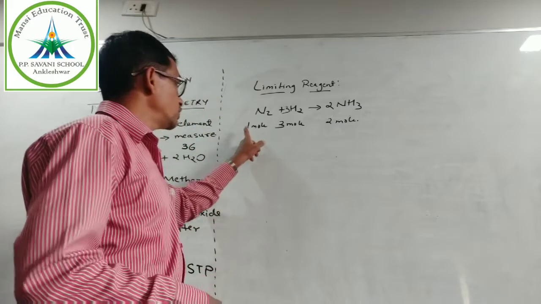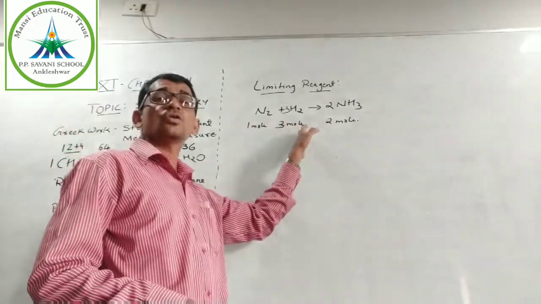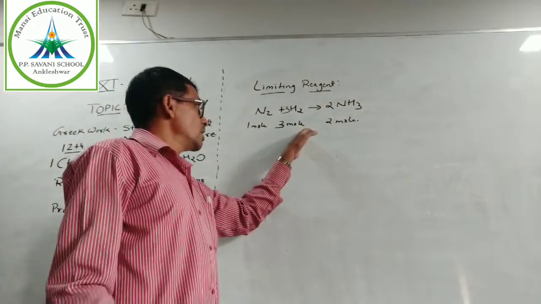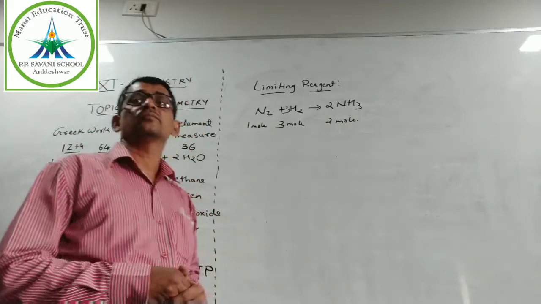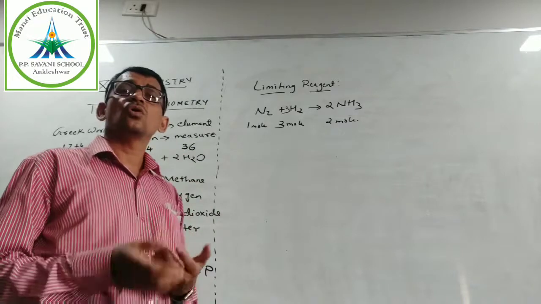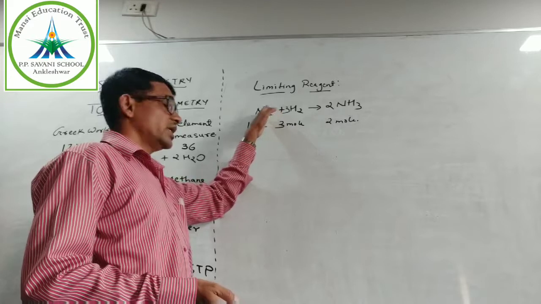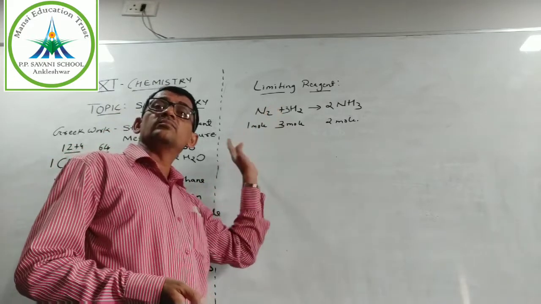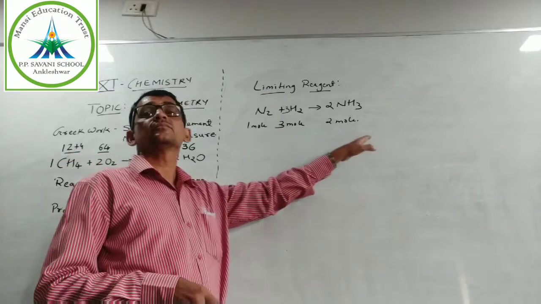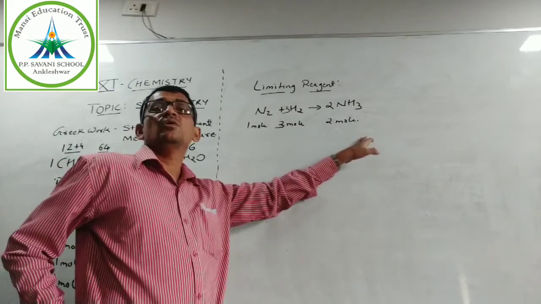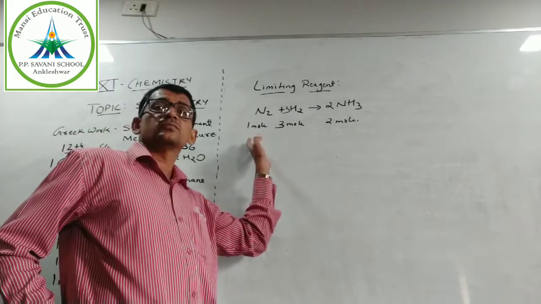Suppose here the ratio is 1:3, 1 mole of nitrogen reacts with 3 mole of hydrogen. But out of these two components, if the amount of one of the reagents is less, suppose we take nitrogen in less gram, only 0.1 gram, then the product obtained will be very less, it is directly proportional to this nitrogen.